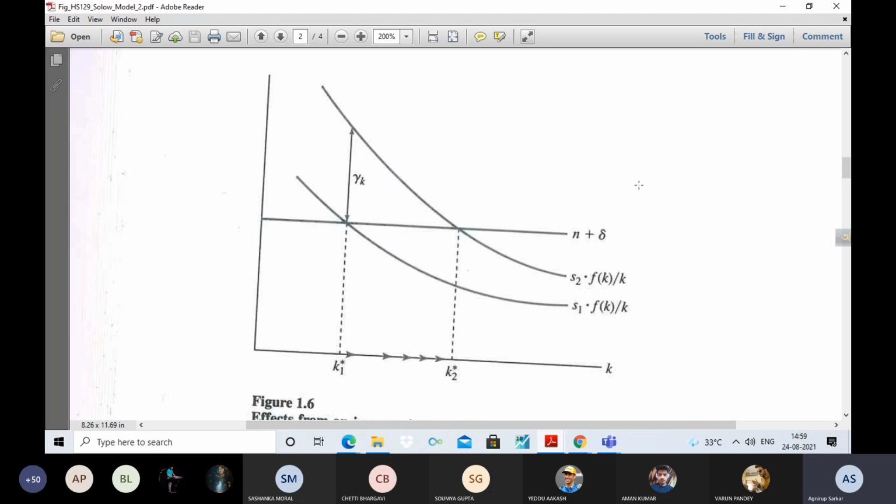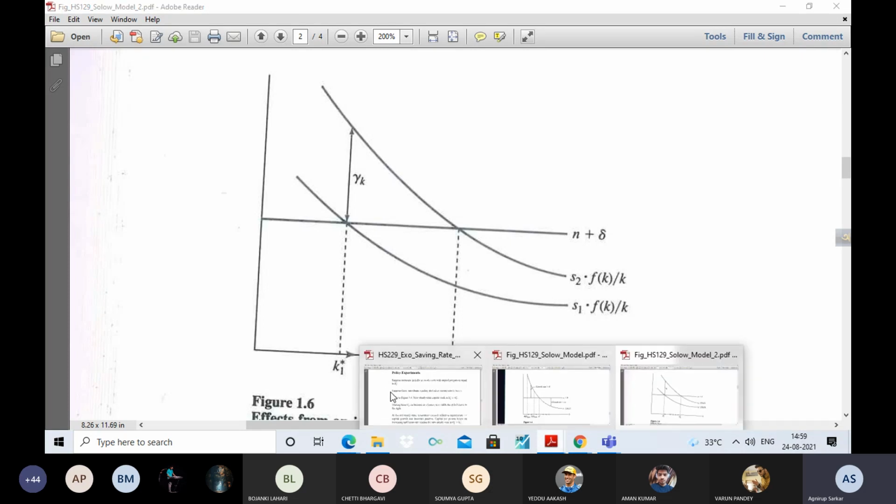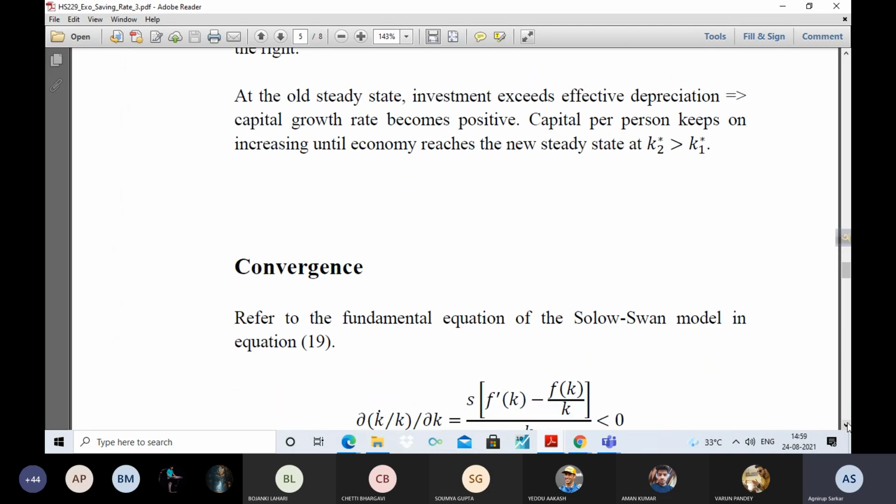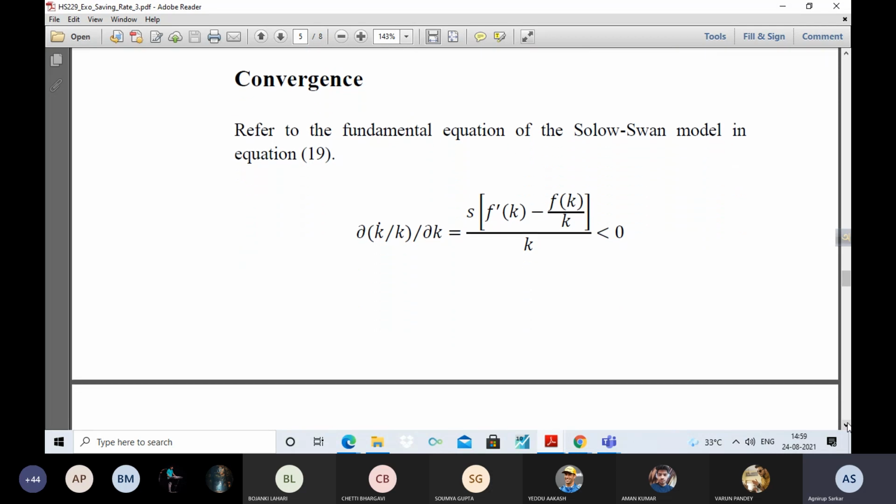Okay, so any questions till now? In the next class, we'll be looking into convergence, and after that, we'll be looking into the effect of technological progress on long-run growth.